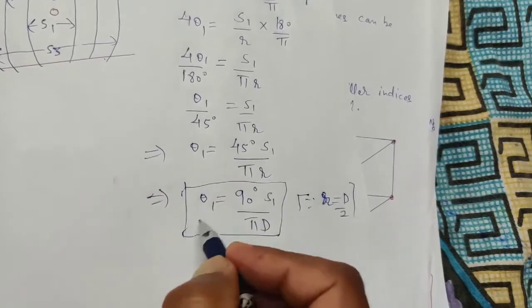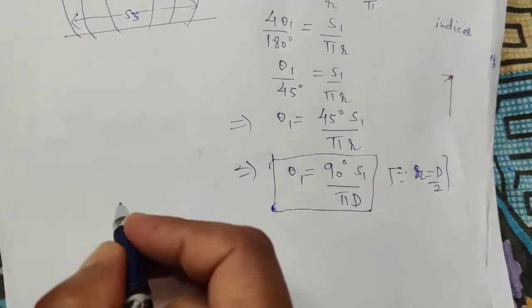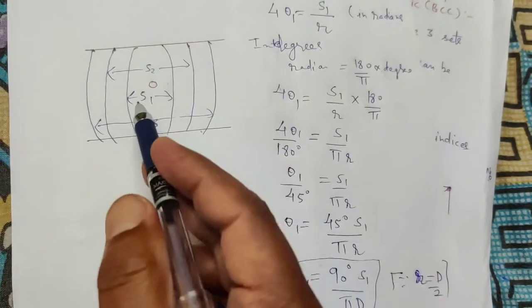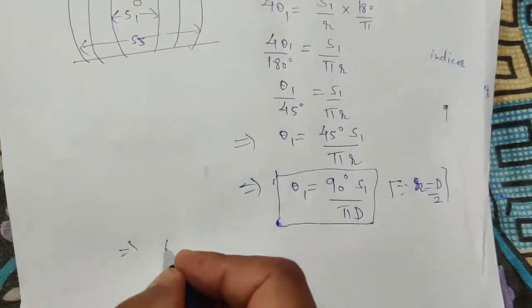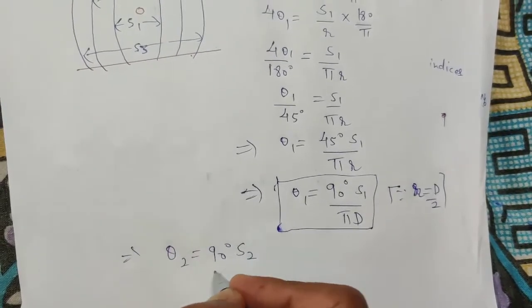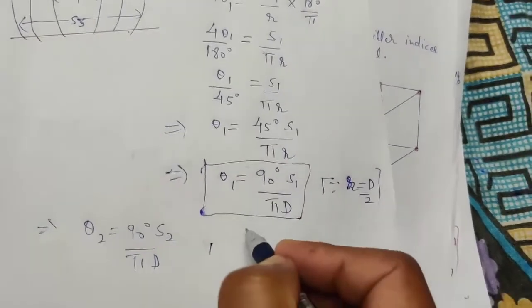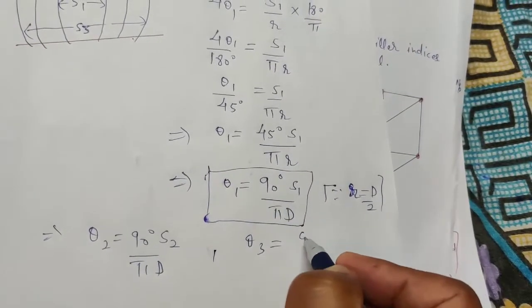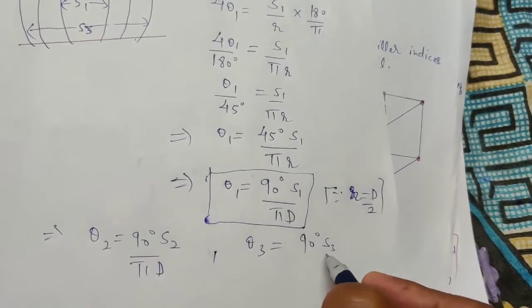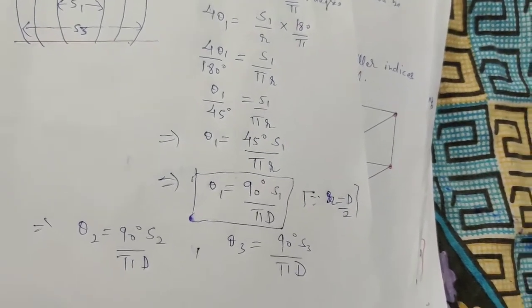This is for a particular solid angle, in degrees. For s2, theta 2 will be 90 degree s2 upon pi d. For theta 3, this will be 90 degree s3 upon pi d, and so on.